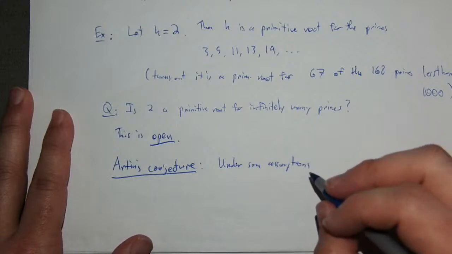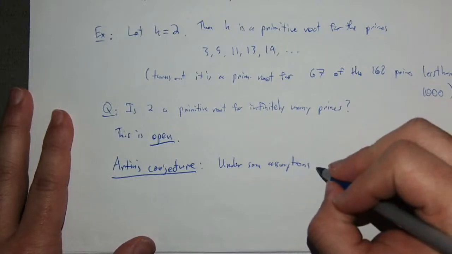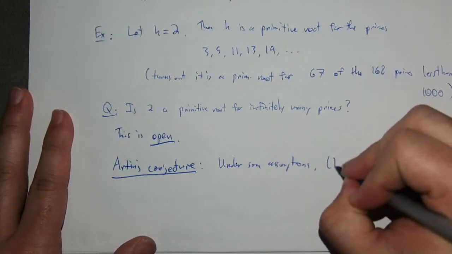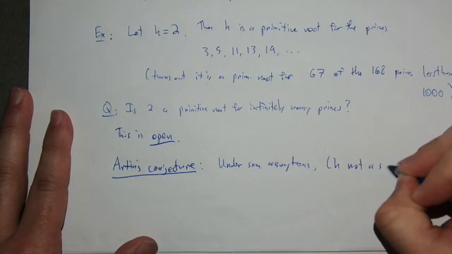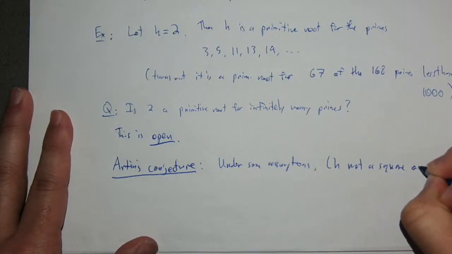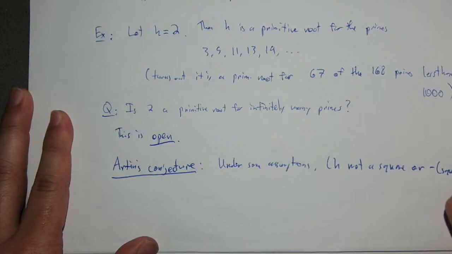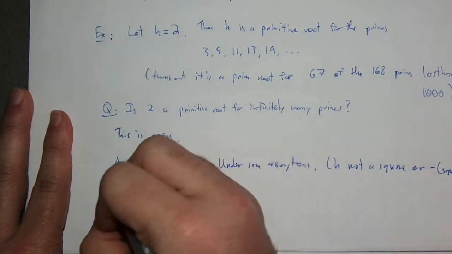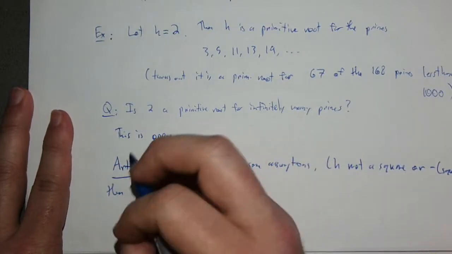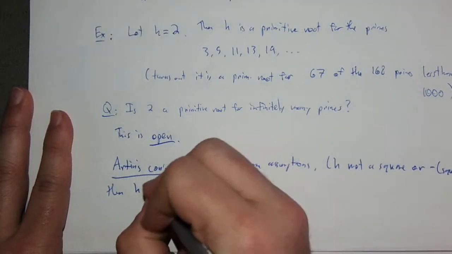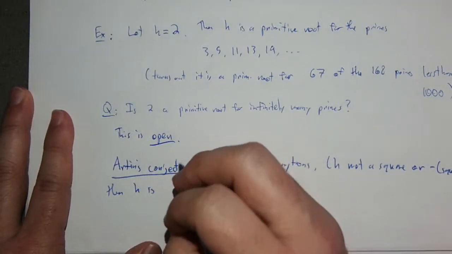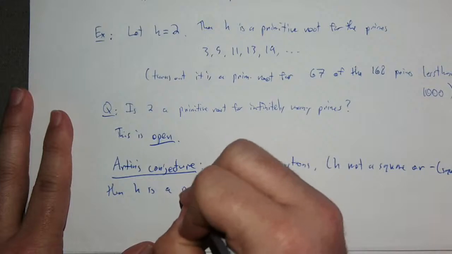Then, if h is not a square or minus a square, then h is a primitive root for infinitely many primes.